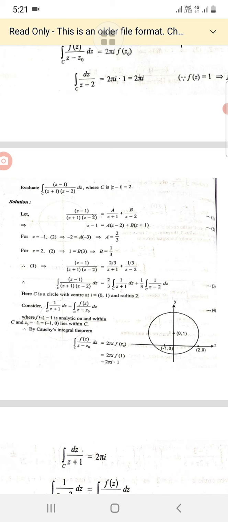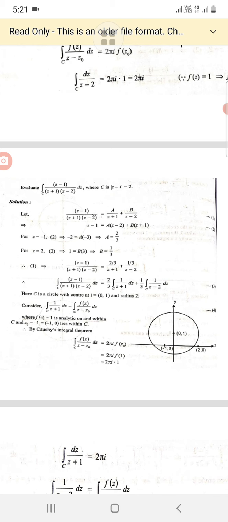By using partial fractions, we can have the solution as a divided by z plus 1 plus b divided by z minus 2. For finding the values of a and b, we have to put z equal to minus 1 as well as z equal to 2.